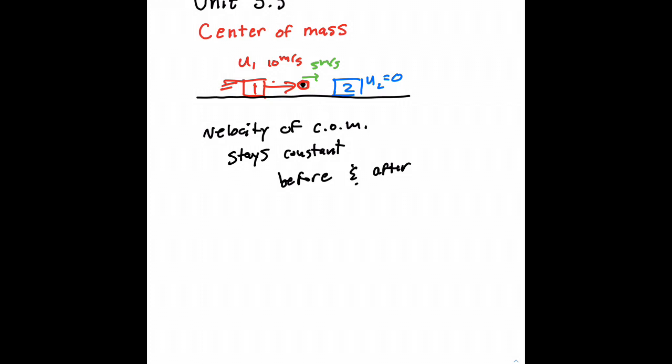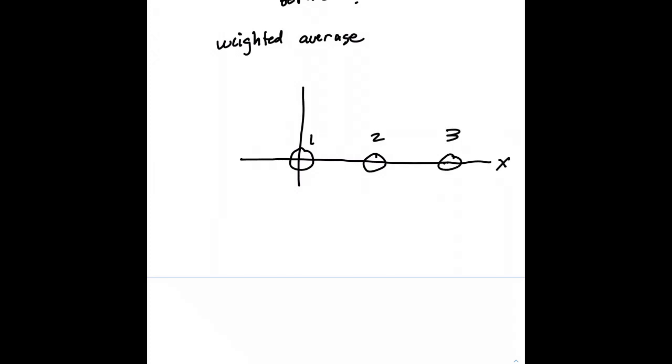So it's important for us to be able to calculate the center of mass for any system. So think of the center of mass of any system of objects as a weighted average. If I happen to have 3 objects, object number 1, object number 2, and object number 3, all located on the x-axis, then we can make up some values.